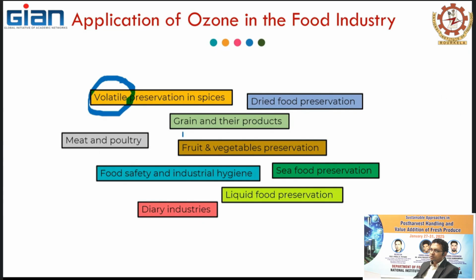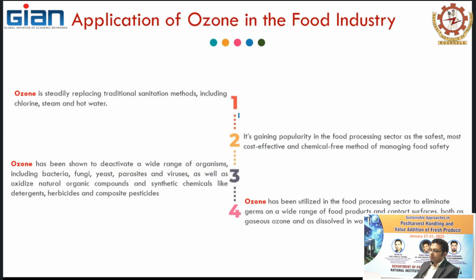Nowadays, rather than fruits and vegetables, we find quite a lot of recent studies on cereals and grains, particularly on ozone treatment. And yes, it has potential, because on the industrial side the sanitizers we are using are chlorine, steam or hot water.